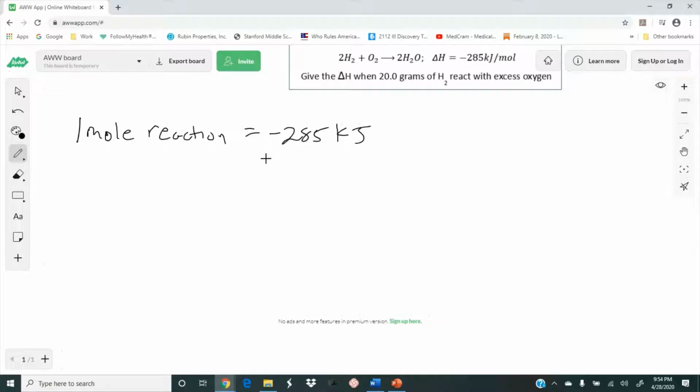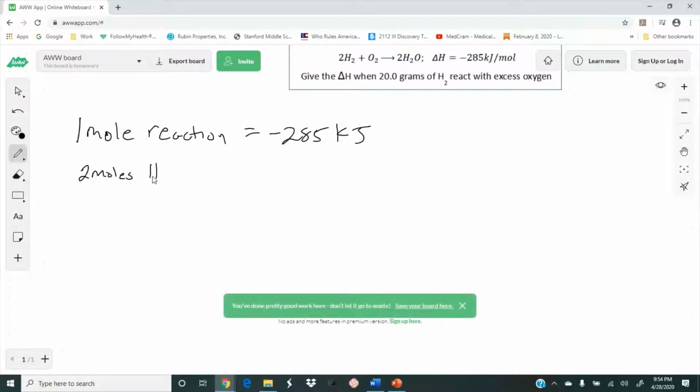How do you know if you've had 1 mole of reaction? When 2 moles of hydrogen react, that's going to give off negative 285 kilojoules. Or when 1 mole of oxygen, the O2 has no coefficient in front of it, meaning 1 mole, reacts, it gives off 285 kilojoules, because when 2 moles of H2 react, they react with 1 mole of O2.